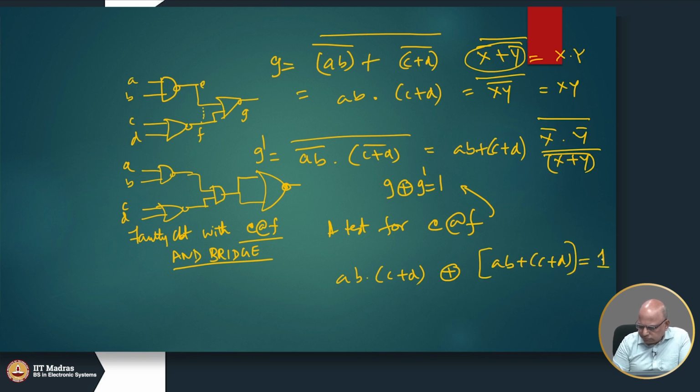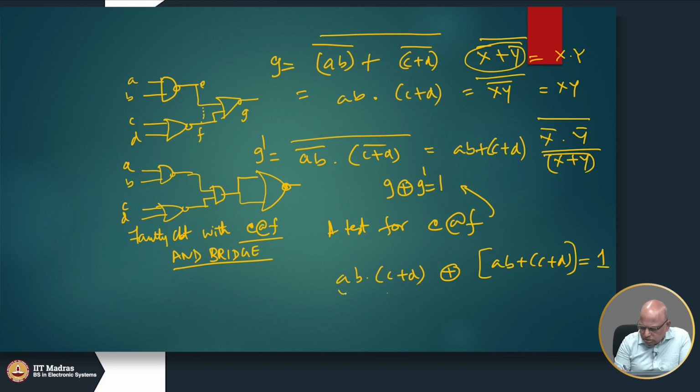Okay. So of course we can go ahead and expand all this and then try to find values of A, B, C, D which will result in this. We have to make sure that these two are different. If this is 0, this should be 1, or if this is 1, this should be 0.